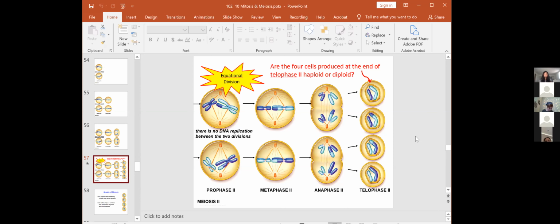Now, it's random as to which one wads up into a ball and becomes inactive, but once the cell has decided which one is going to be balled up and inactive, every cell that comes from that cell will still have that same X chromosome inactivated. So females end up being somewhat of a mosaic, because that happens during the developmental process, where half of their cells have one X chromosome inactivated and the other half have the other.